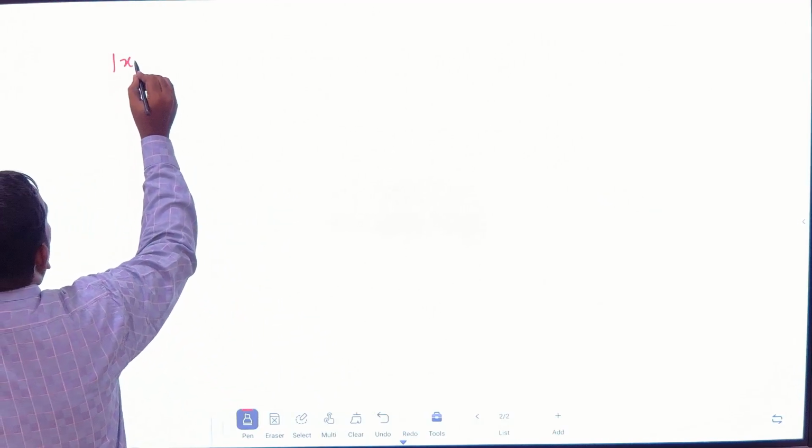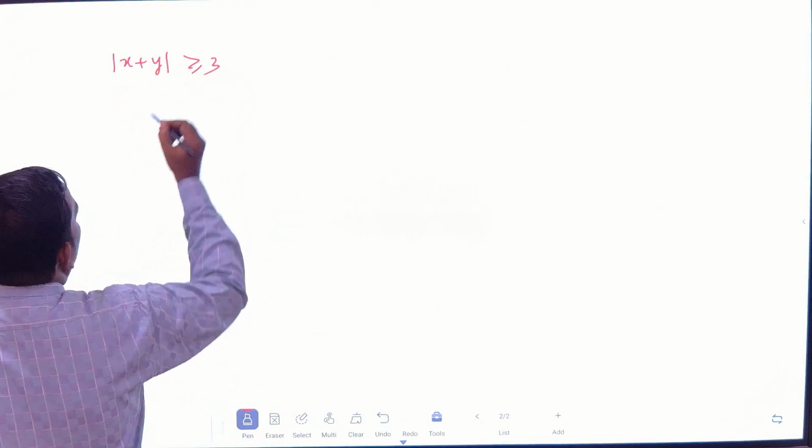The first one is what? Mod x plus y is greater than or equal to 3.